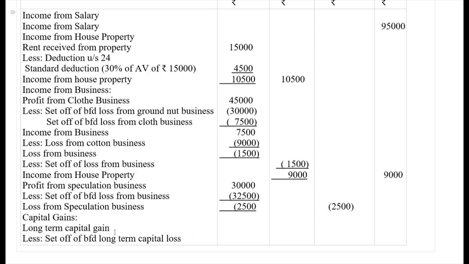So now let us see the long-term capital gain here. So long-term capital gain, which is given in the problem as rupees 14,500. So 14,500.